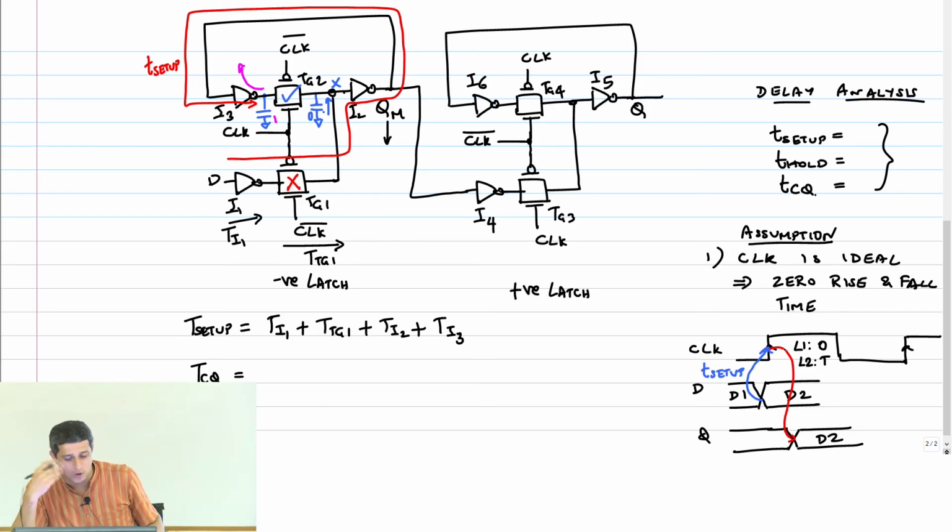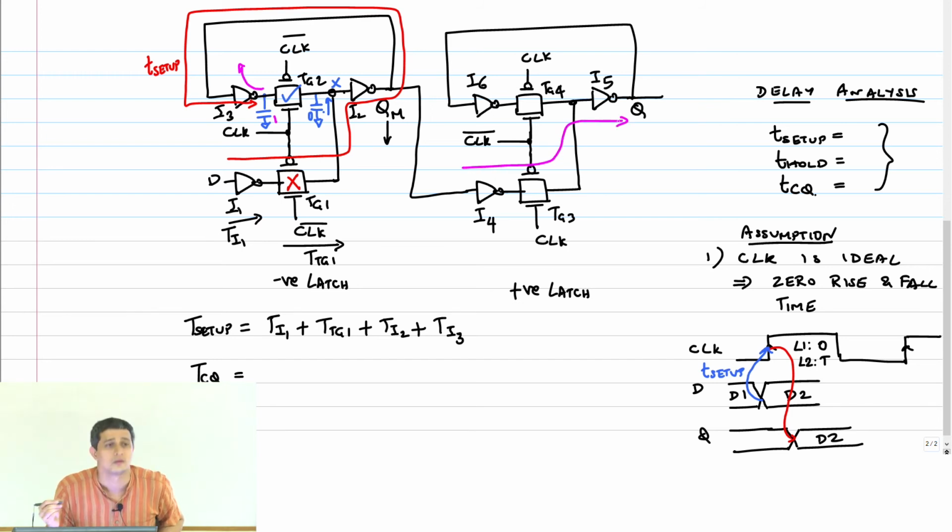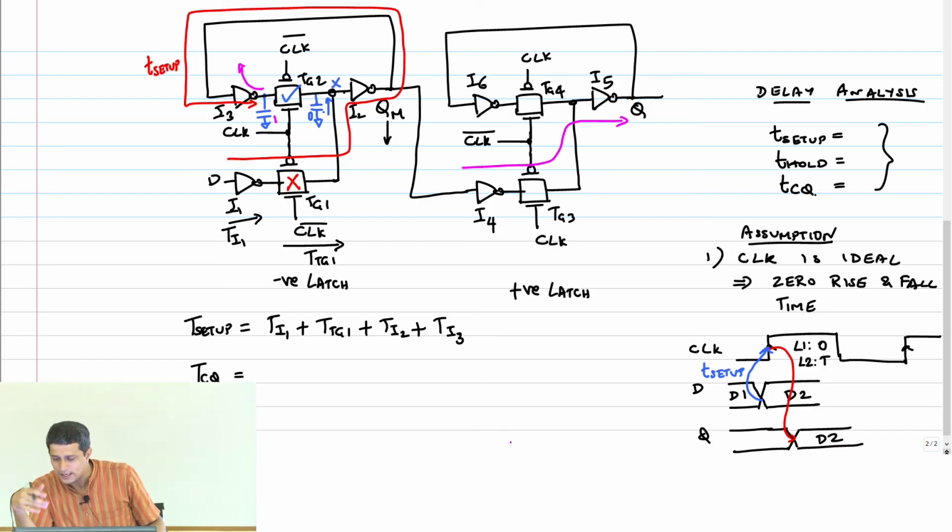L2 is transparent, right? So what do you think will be the delay? I4 plus TG3, okay? So you're saying that this is that right? Now we don't have to worry about the feedback path, because L2 is transparent.